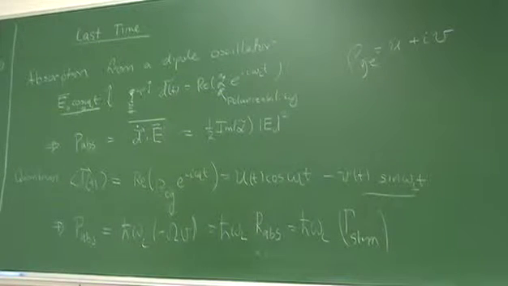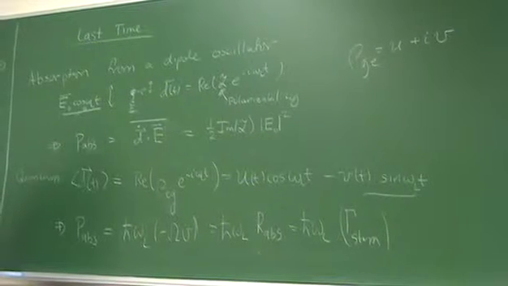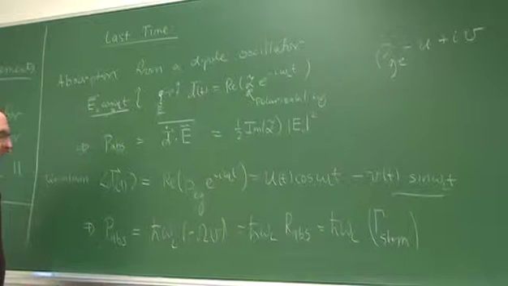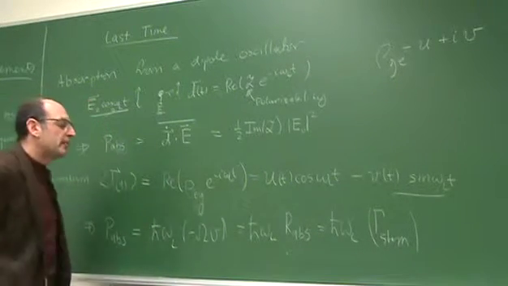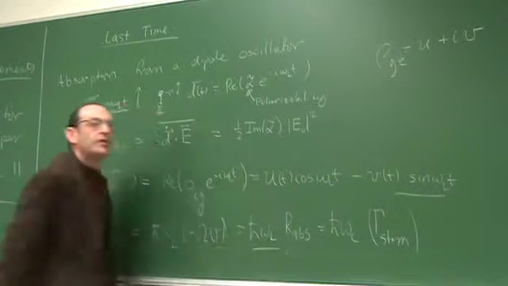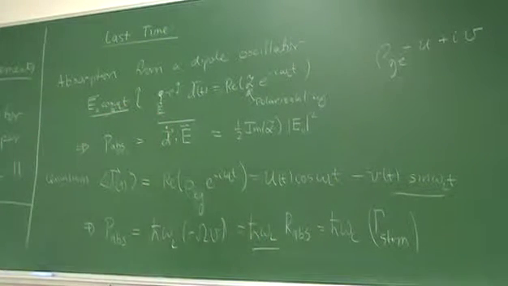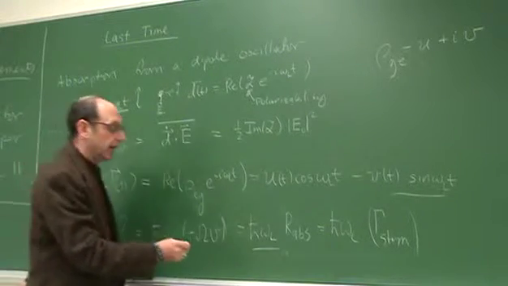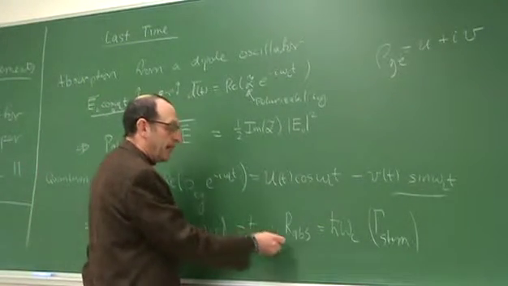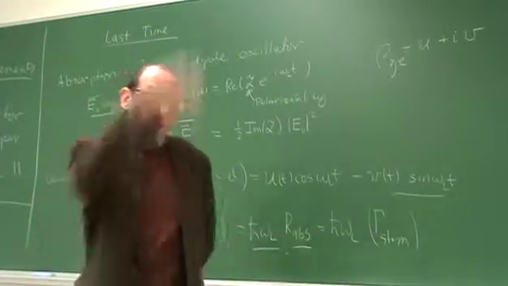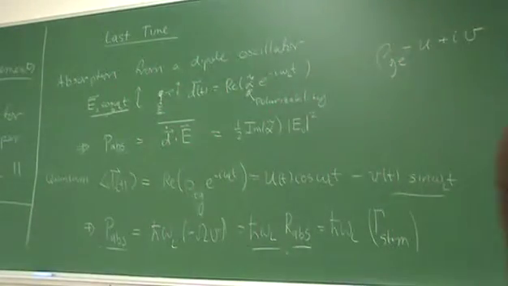And that power absorbed, we then can relate to the rate of absorption by just saying, well, every time I absorb a photon with energy h bar omega, the rate at which energy is absorbed is h bar omega times the rate at which transitions occur, the rate at which absorption happens.